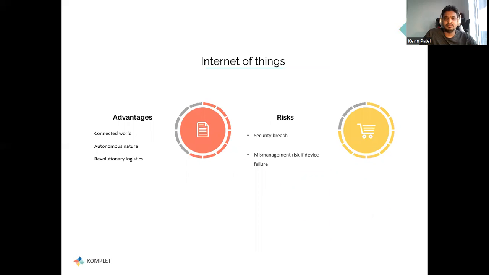Internet of Things has many advantages, as we discussed. First is the connected world. Everything is connected to everything, and that provides traceability and obviously flexibility also. Second is the autonomous nature. For example, if I automate that when I leave work, let's say I have 15 minutes to reach home, then when I leave work, my Google devices would know.